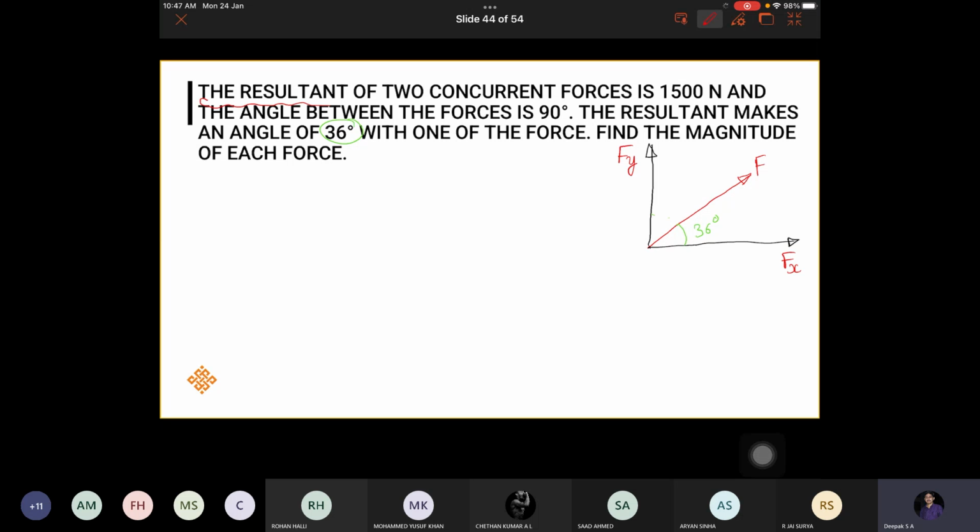Again, read the problem. The resultant of two concurrent forces is 1500 Newton, and the angle between the two forces is 90 degree. This is very important. So is the angle between Fx and Fy 90 degree? Yes, sir.